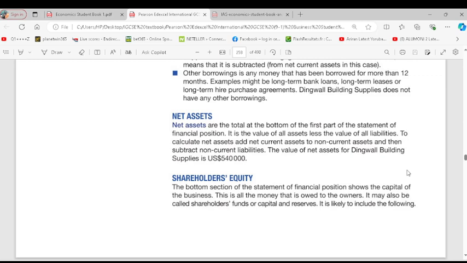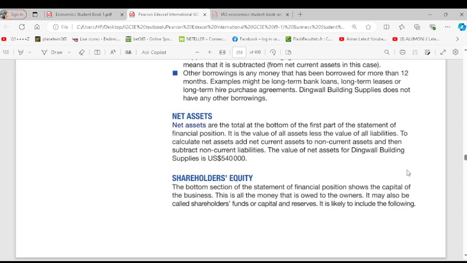Net assets is basically the addition of current assets and non-current assets, minus current liabilities and non-current liabilities.